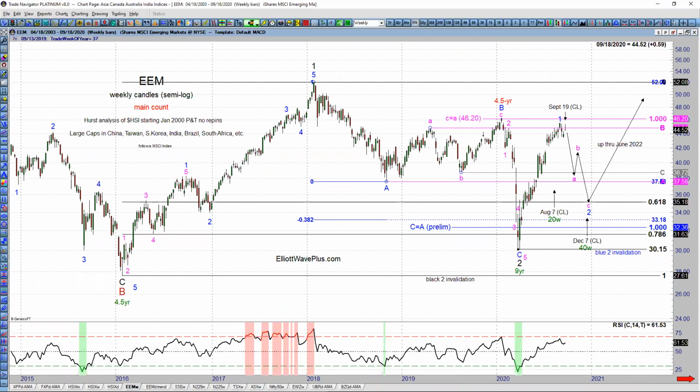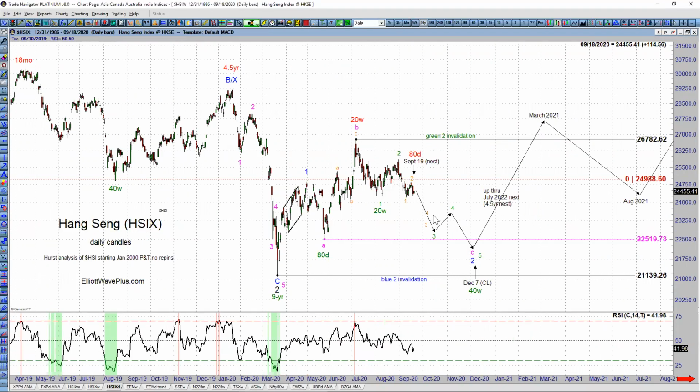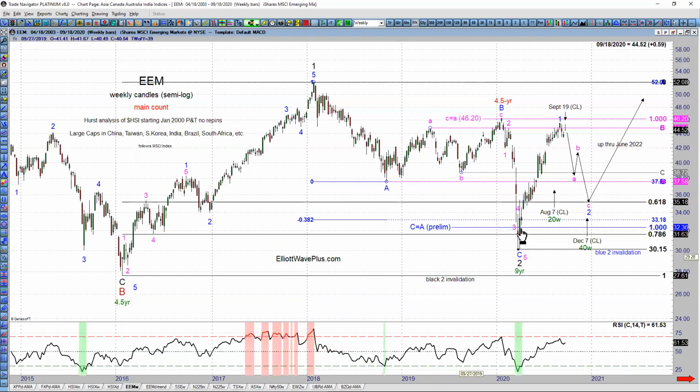So I think we're going to get a stronger dollar down through, and on the Hang Seng now, looking for downward movement all the way to December 7th. So that will likely be a stronger dollar and then a weaker dollar here as it moves up into March of next year. That same basic idea would be the case in EEM.